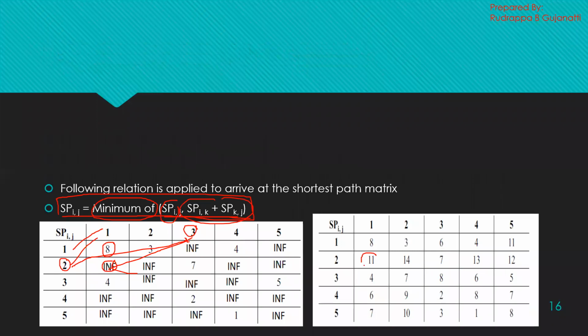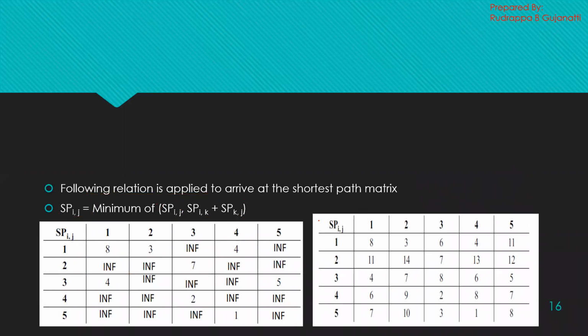So that is being updated over here. The direct path value is infinity, and the indirect path value is 11. Which one is minimum? Minimum is 11. That is what you are updating, whether the direct path is less or the indirect path is less.